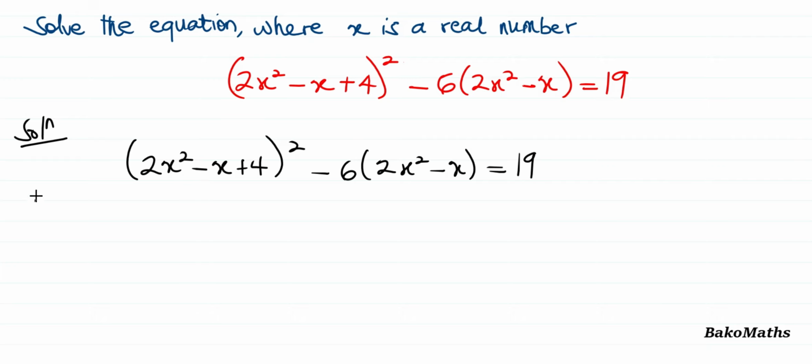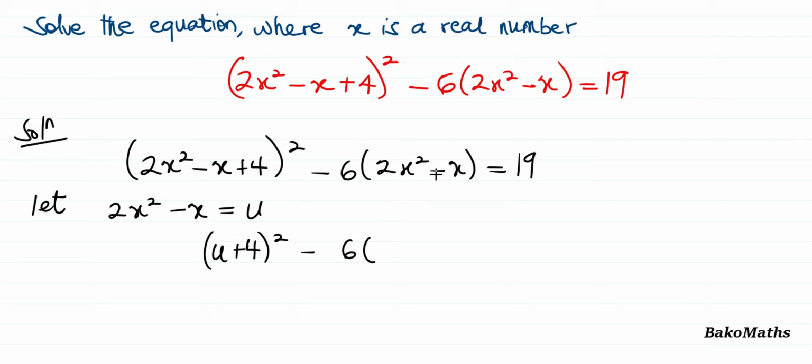So we can see that, let 2x² − x be equal to the variable u. By direct substitution, we have (u + 4)² for the first parenthesis, minus 6, then 2x² − x is here, so we write u in place of that, which is equal to 19. Once we have this, we just have to expand (u + 4)².